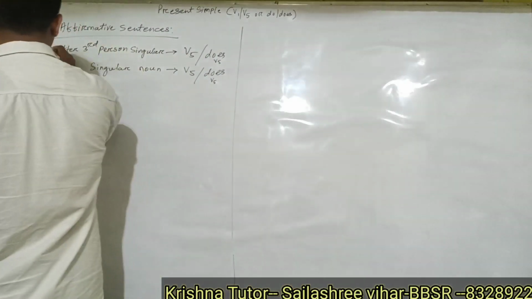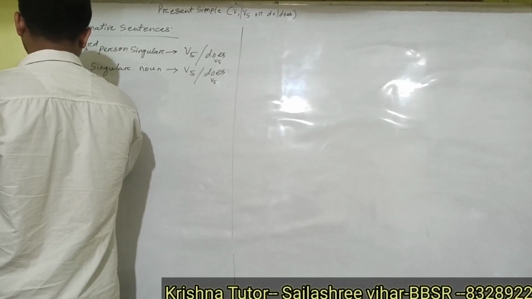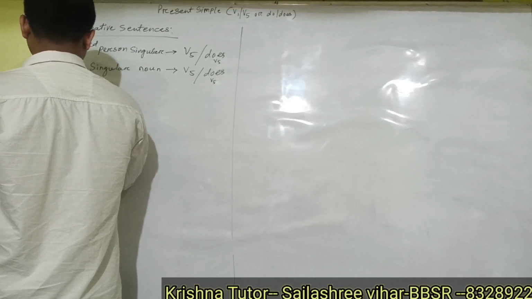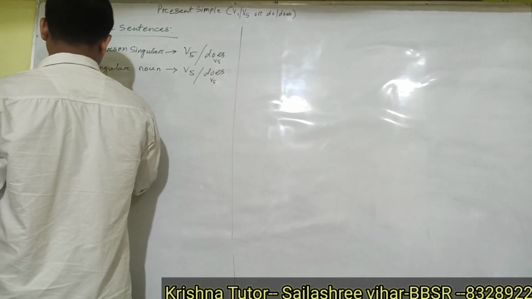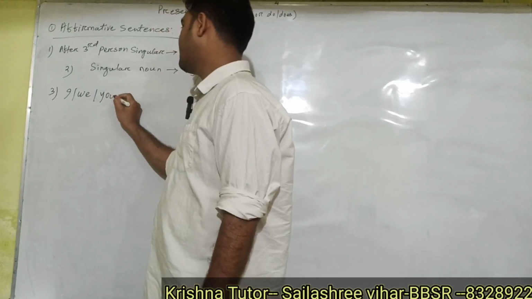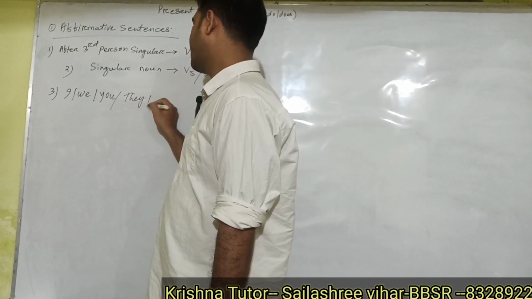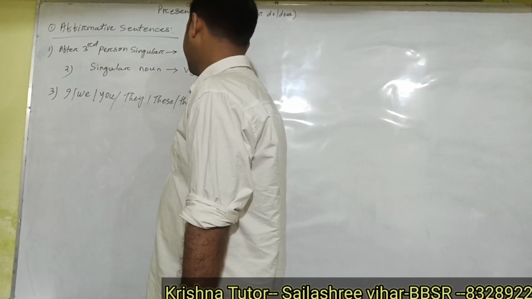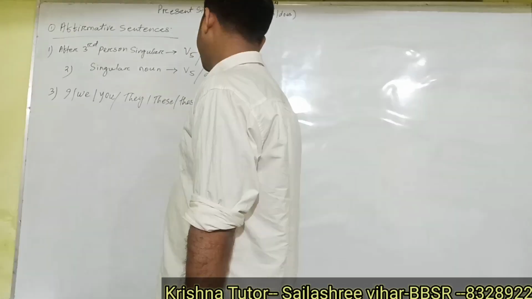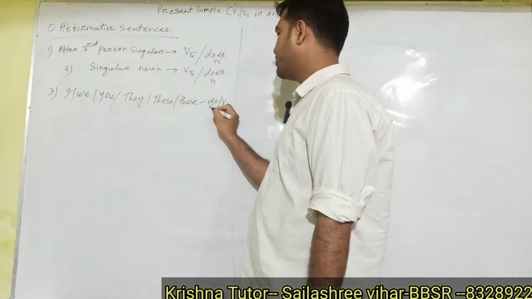In the rest of the cases, I, we, you, they, these, those, we need to use do or V1, because do is also V1.